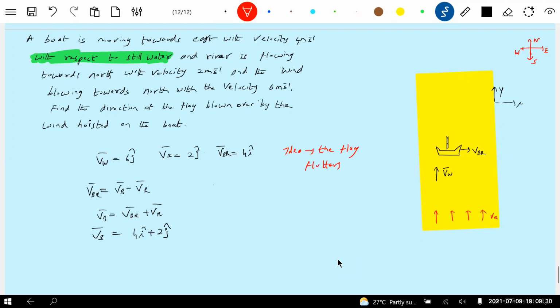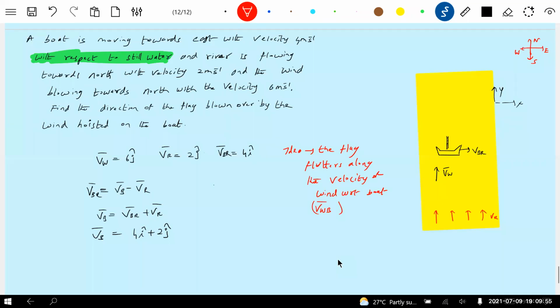What is the idea? The flag flutters. Flutters means it starts waving. The flag flutters along the velocity of wind with respect to boat, or VWB bar.